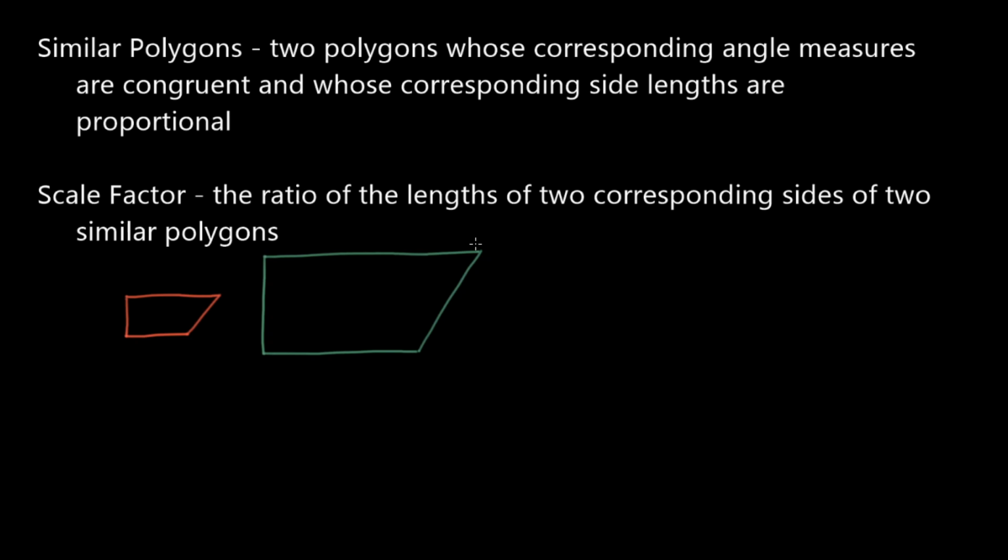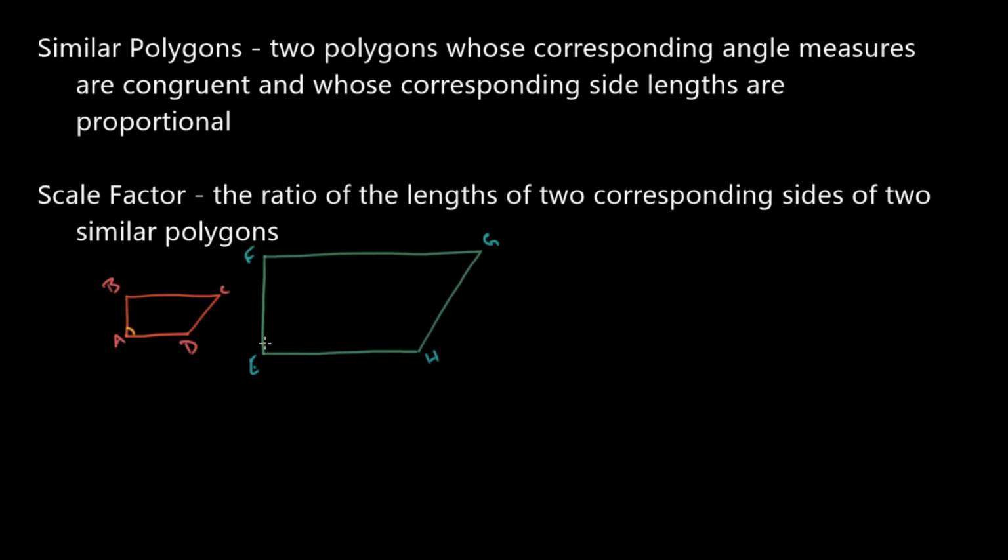So if I lined up these angles, maybe I should name these as well. So this is A, B, C, and D. And this is E, F, G, and H. I should have done that in the right order. Let's start over. E, F, G, and H. It'll be the case that these things are similar to each other if all the corresponding angles are congruent.